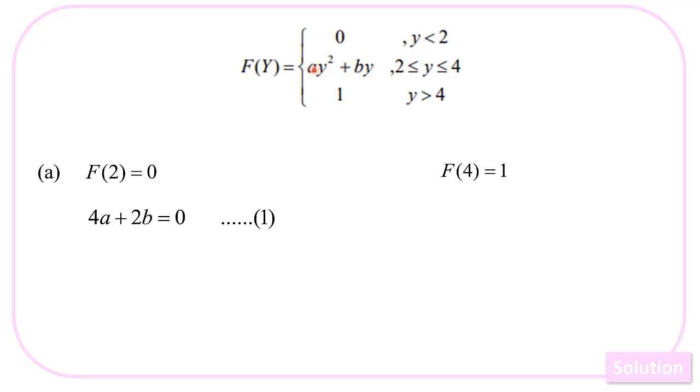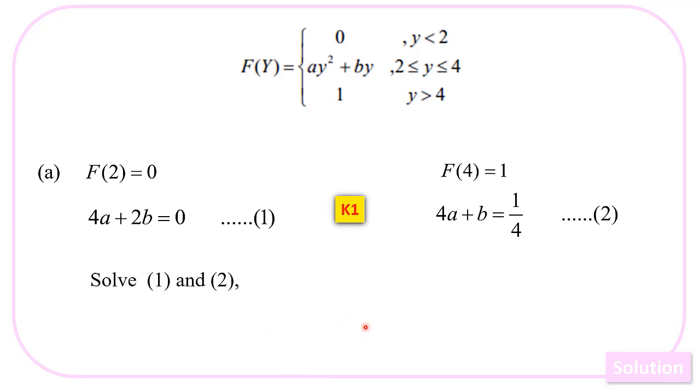So we have 16a plus 4b equal to 1, or 4a plus b equal to 1 over 4. So that is our second equation. For these two equations, we get K1. Then we solve the two equations, we get another K1, and we get the answer: a is equal to 1 over 8, b equal to negative 1 over 4. That is J1.